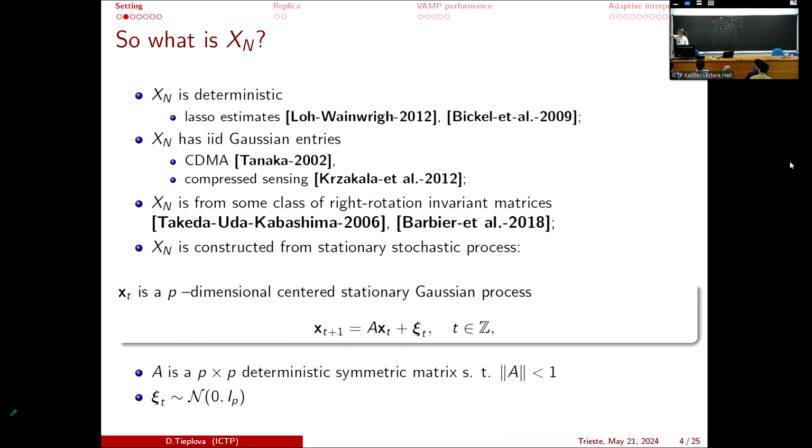So basically now, if you want to find our vector x_{t+1} at the moment t+1, we look at what was there at the moment x_t, we multiply by some deterministic matrix, we add some noise, and voila, we obtain our instance t+1. And so after we stack them all together, we have our design matrix. This type of matrices seem to have even more correlations inside them, even more structure, I would say, right?